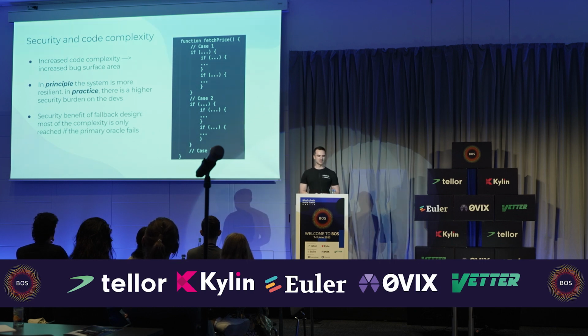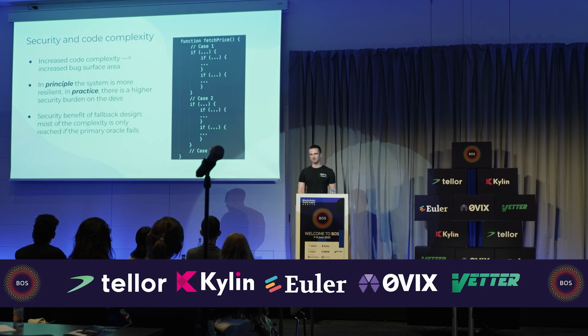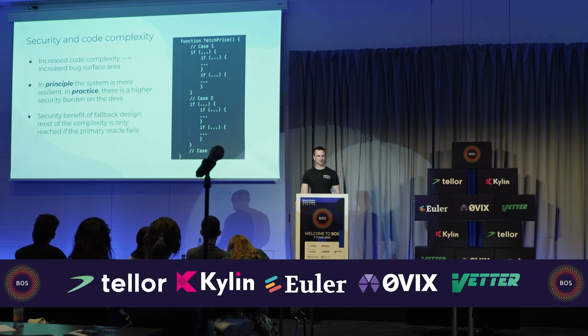The increased code complexity increases the surface area where bugs could slip in. In principle the system is more resilient, but that's if it's working perfectly as intended. So in practice, there's a much higher security burden on the developers to get it right and make sure it does what you want it to do.